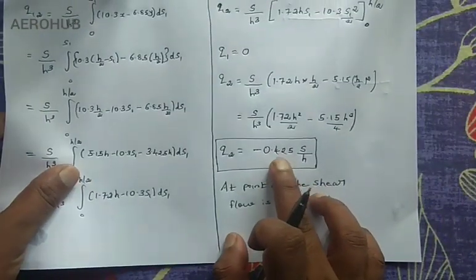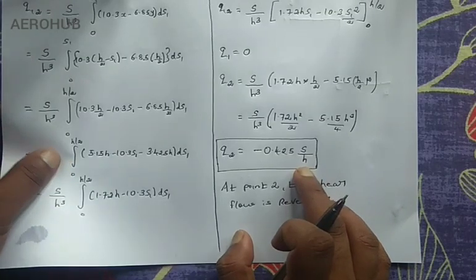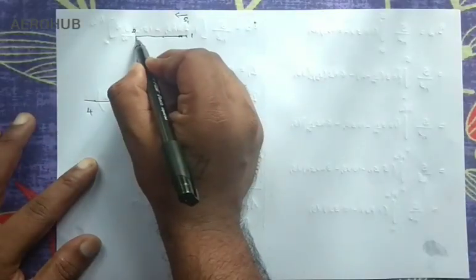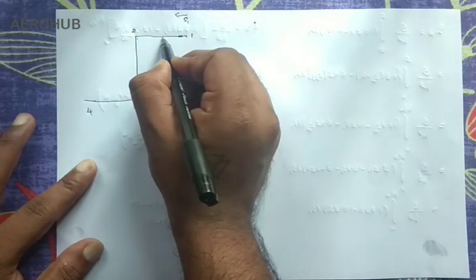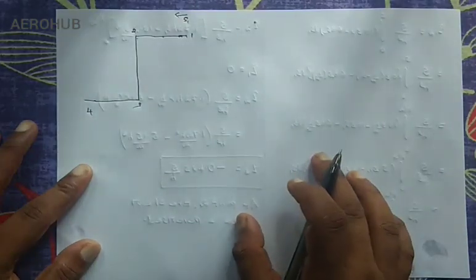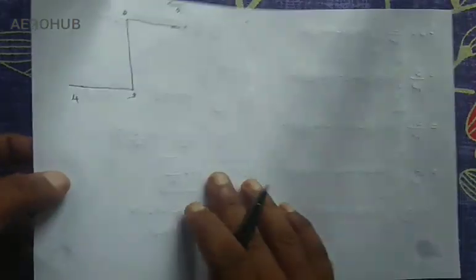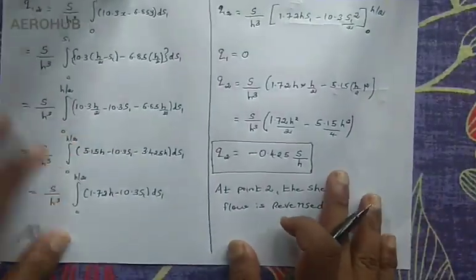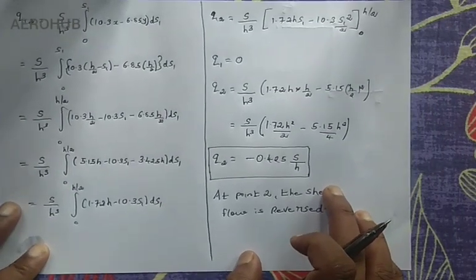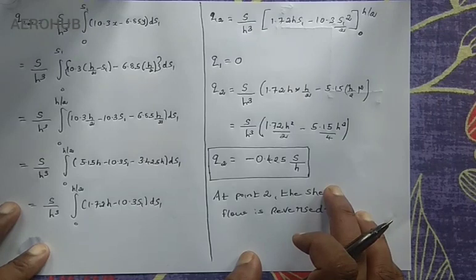We have q2 value equal to minus 0.425 S by h. That means that at point 2 the value of shear flow is getting reversed. That means there will be a point between 1 and 2 where the shear flow becomes 0. Okay, now for that we have to find out the point where we are getting the shear flow value as 0.